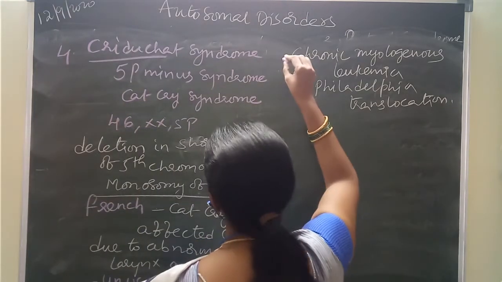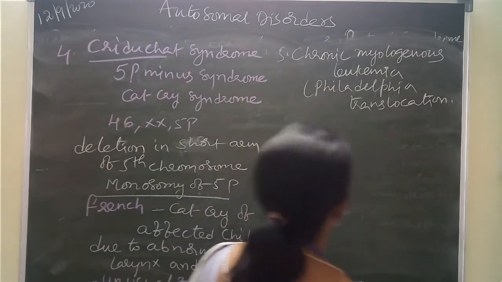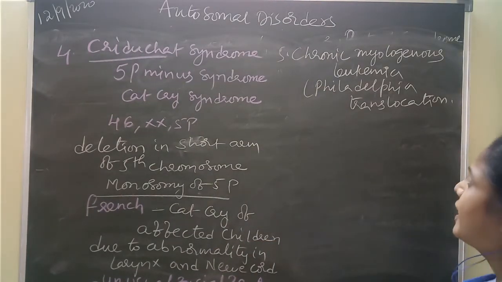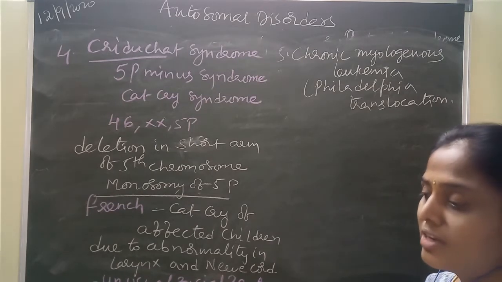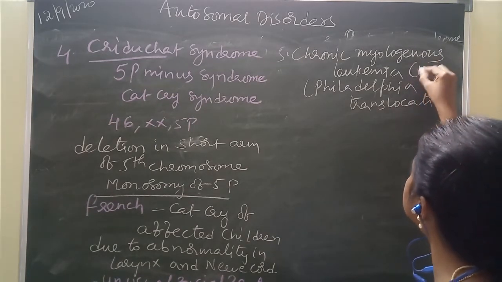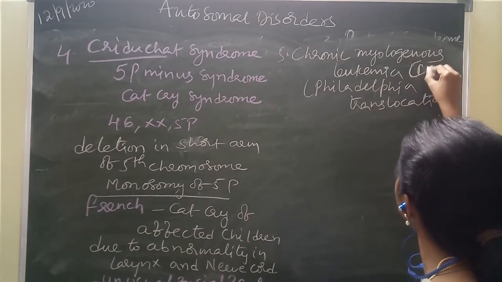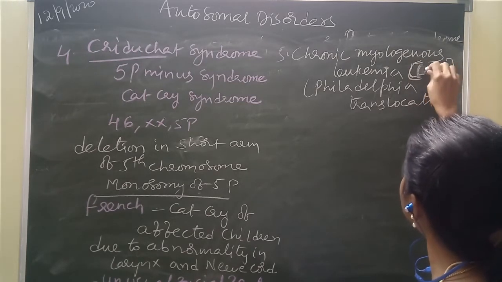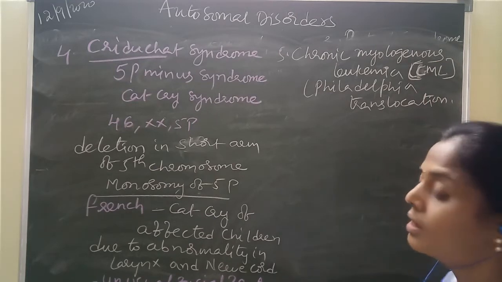Then the last one, the fifth one, is chronic myelogenous leukemia, which is called Philadelphia translocation, and in short CML.